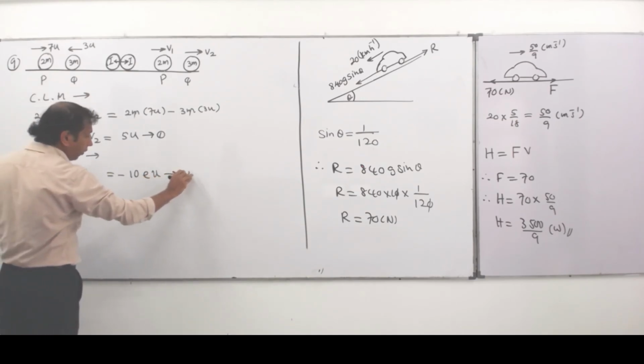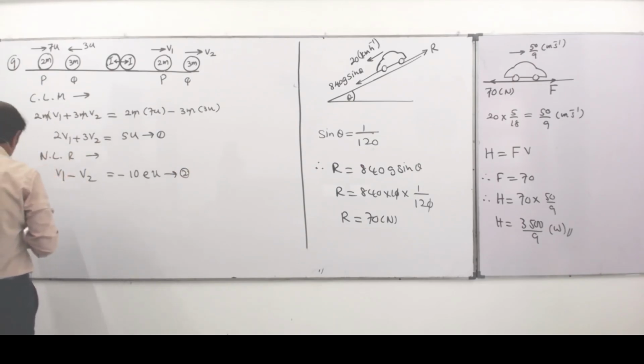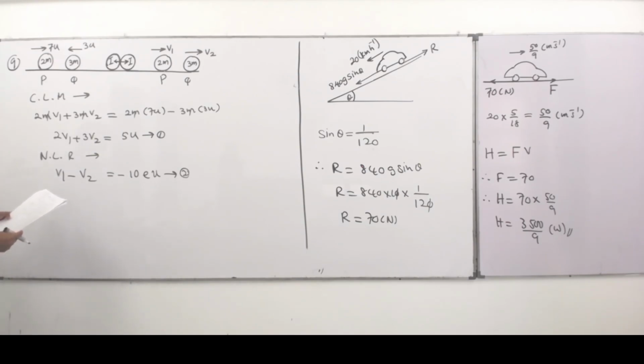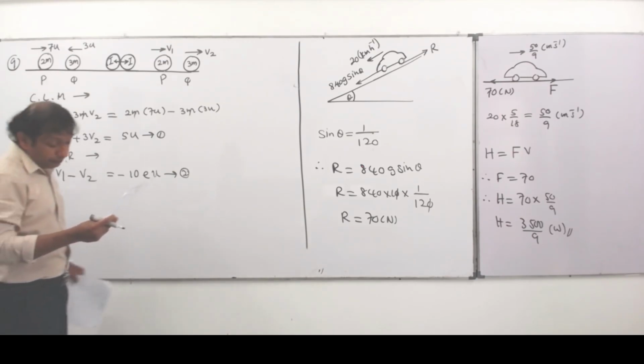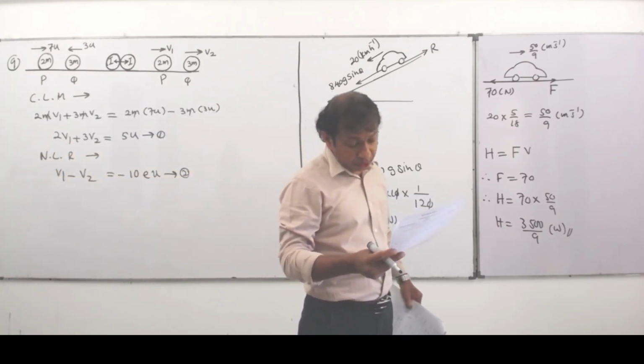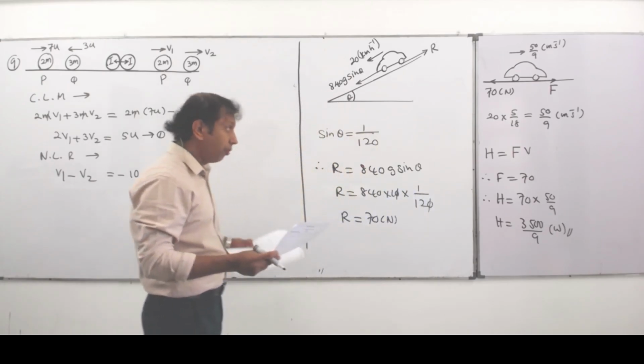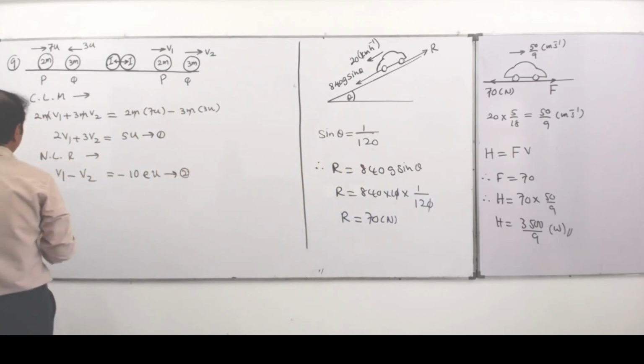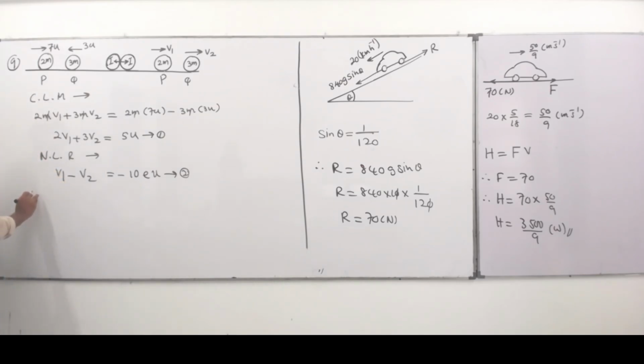This is number 2. We are asked, if the sphere P is brought to rest after the collision, to find the value of e. Both answers we can find if we find v1. So we add the first equation to the second multiplied by 3.